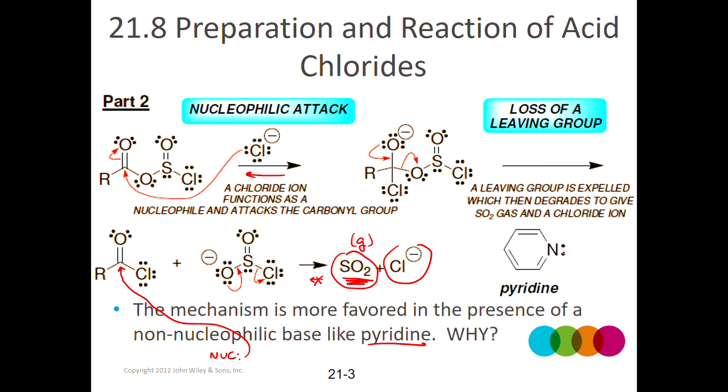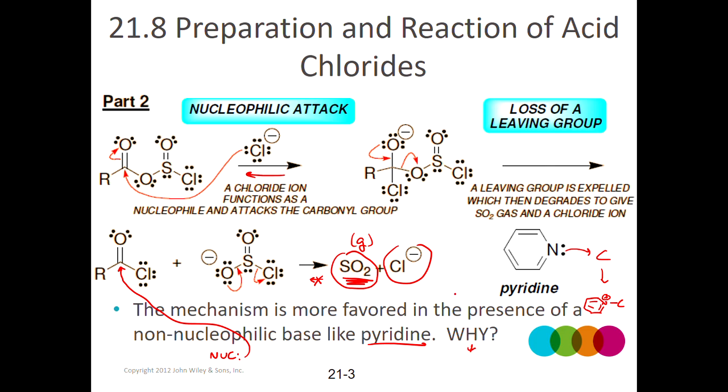So the pyridine can pick up a proton and stabilize the positive charge, but if it comes into a carbon and forms a bond to a carbonyl carbon or any other carbon, its positive charge will make it a pretty good leaving group. So it would probably just end up leaving that structure.